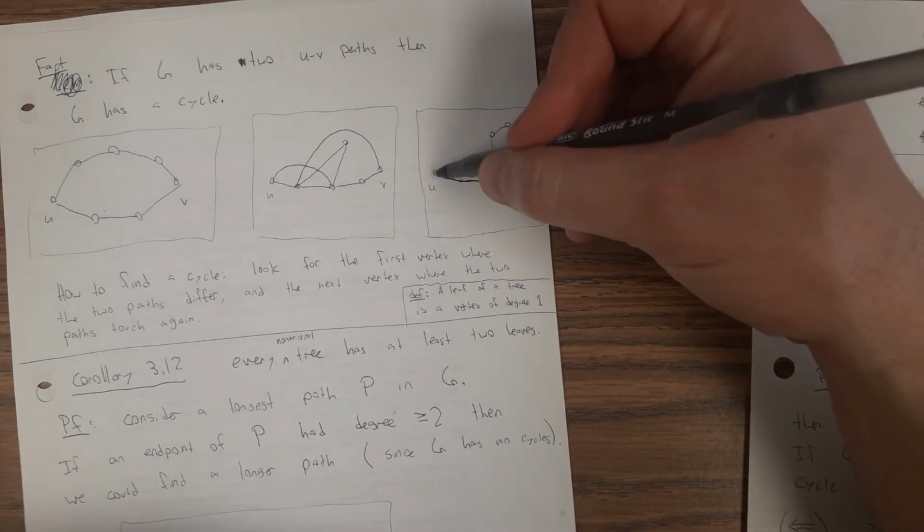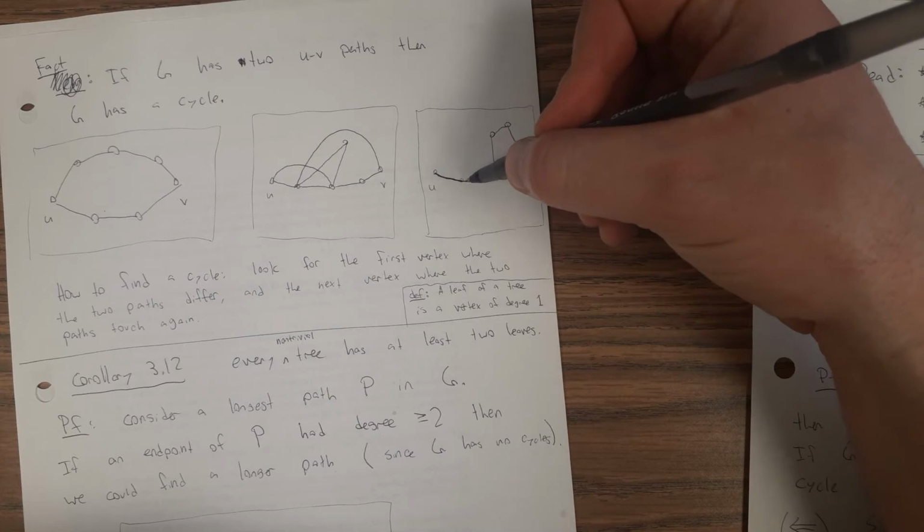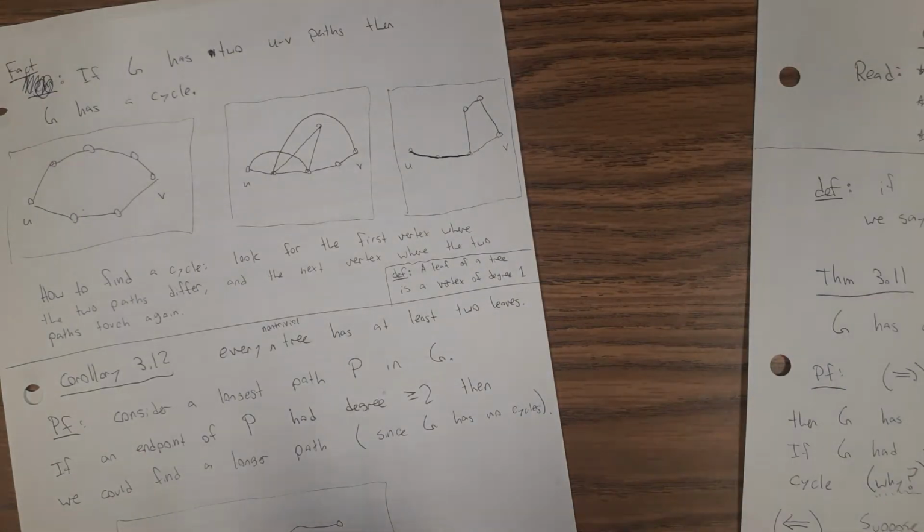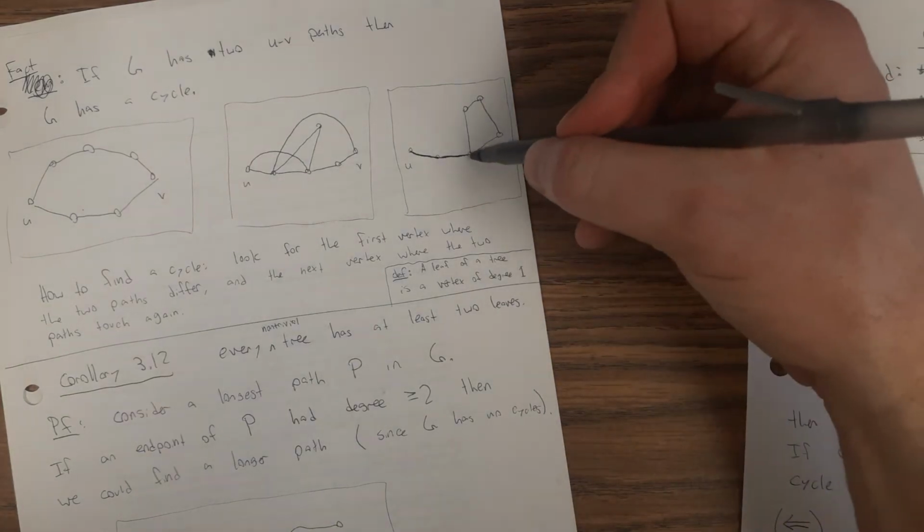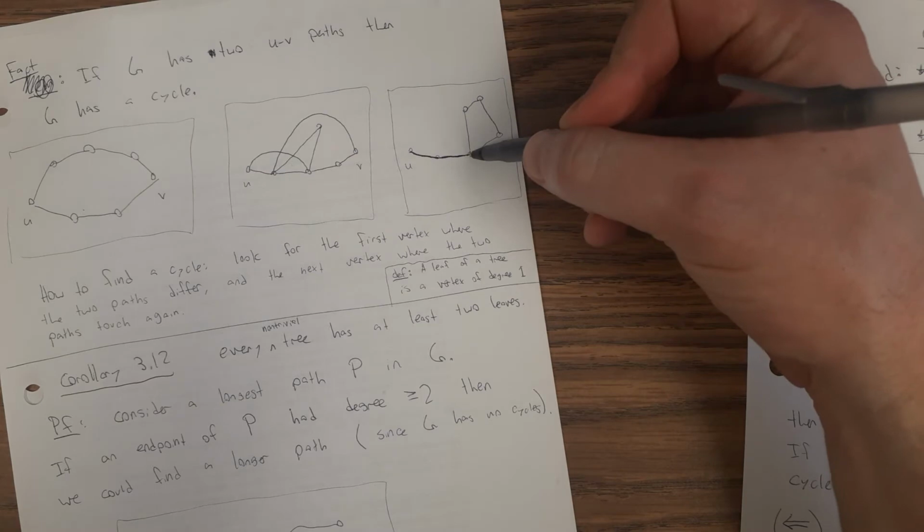I'm just pointing out that these paths can trace over each other along parts of the path. They can't be entirely the same, but they can trace over each other for bits of it. And of course, the conclusion is still true. This graph still has a cycle.